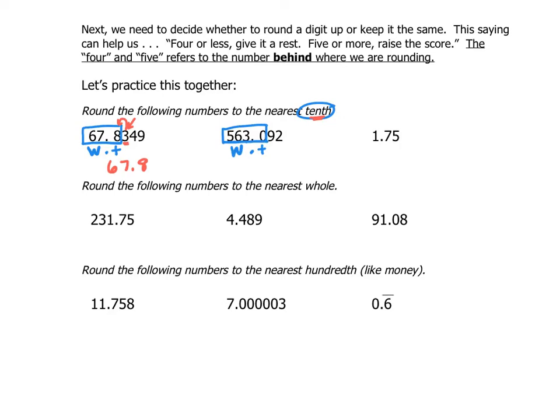So this number is either going to be 563 and 0 tenths or 563 and 1 tenth. Here's our bossy number, the number that's behind where it was rounded. So it gets to tell this 0 what to do. And this bossy number is 5 or more. So it's going to tell 0 to raise the score one number or one digit.